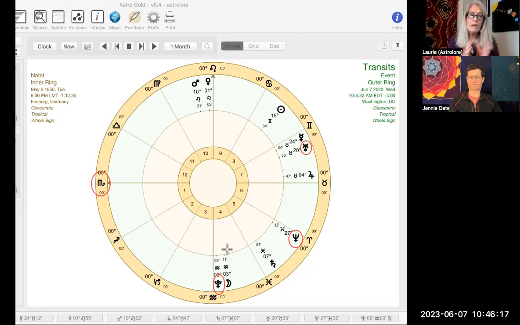And wherever Pluto has moved, there is that destruction in order for regeneration. So look for where that is in your own chart and really consider what the requirement for transformation is in the house that holds Aquarius in your chart.